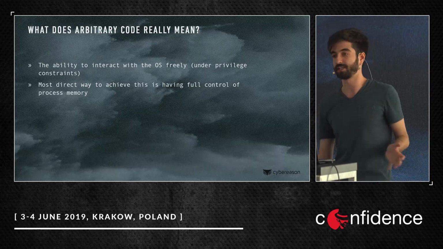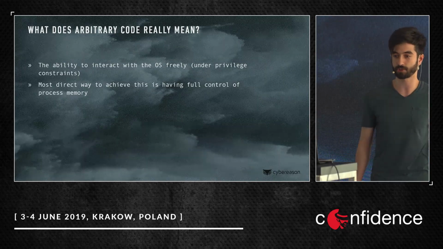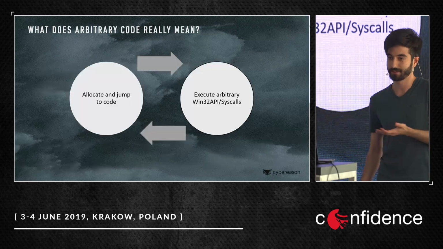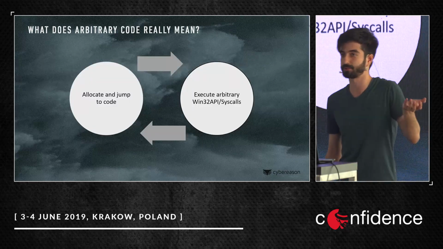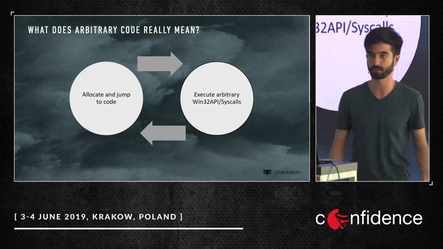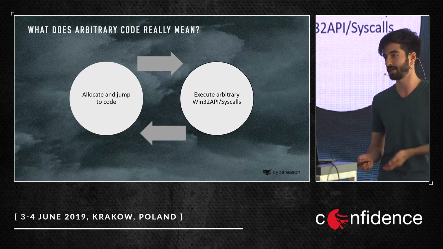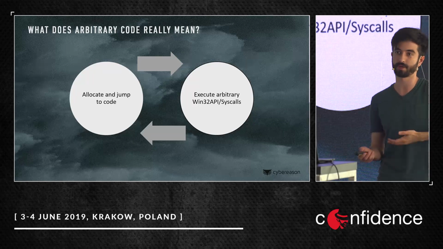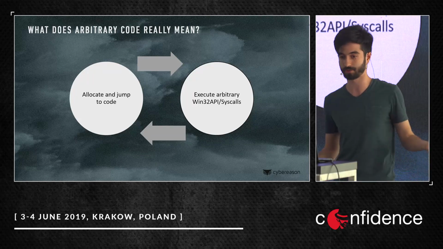The most direct way to achieve this is by having full control of the memory of a process. Basically, I could allocate code and then jump to it, or use arbitrary syscalls, which is pretty much equivalent because if I can use arbitrary syscalls, I could always just allocate my code, and vice versa.